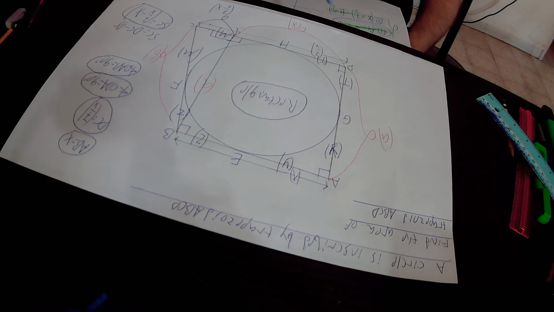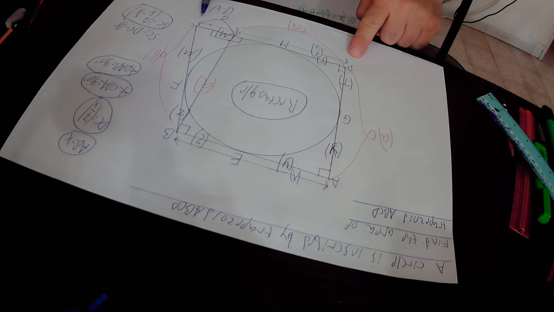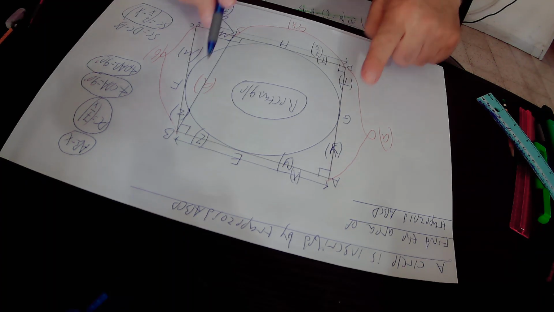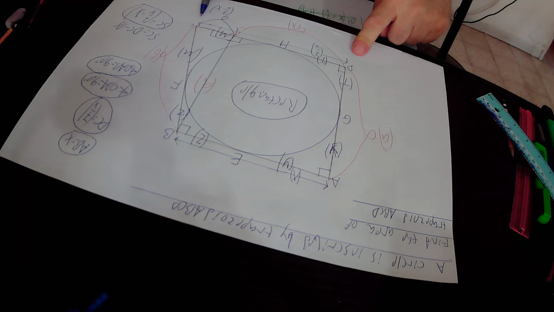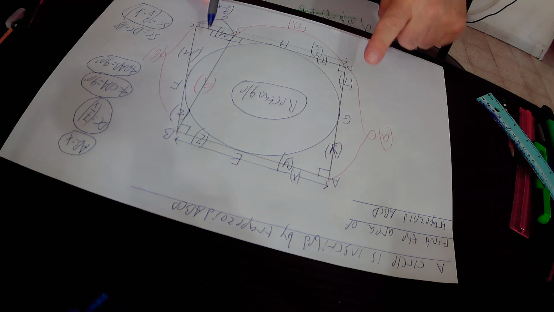So in rectangle ABSD, side AB is parallel to the opposite side DS. But DS is part of the straight line DC. So if a part of a straight line is parallel to another straight line, then the line DC itself must also be parallel to AB.